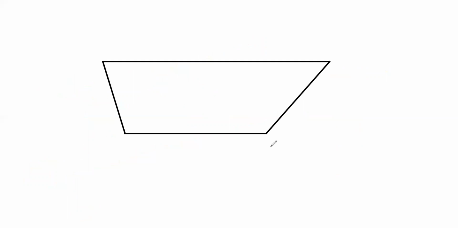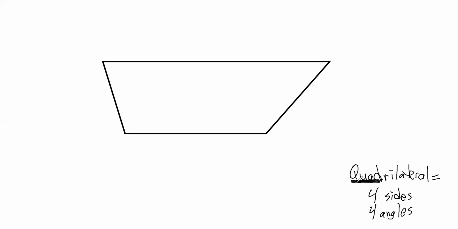A quadrilateral, Q-U-A-D, basically means four sides or four angles. Quad means four. So we have four angles here: 1, 2, 3, and 4. Of course, we can call these A, B, C, and D.